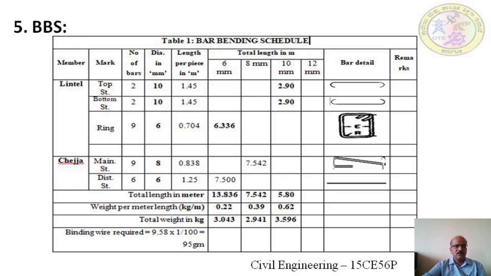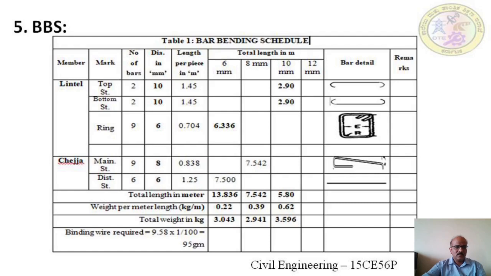How many numbers? 9 numbers we have calculated, and the diameter of stirrup is 6 mm, and length of each stirrup that we have calculated is 0.704 meter. When you multiply 9 into 0.704, it comes around 6.336 meter. That we need to write in the 6 mm diameter column.